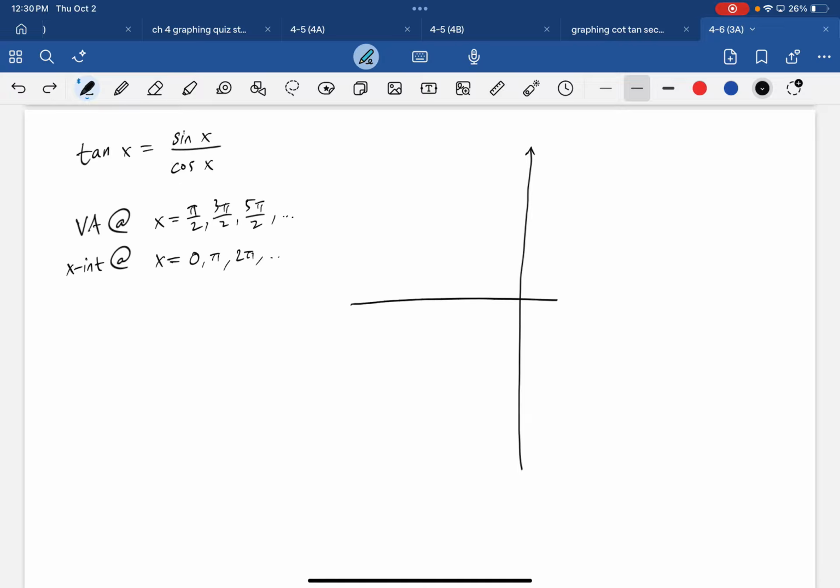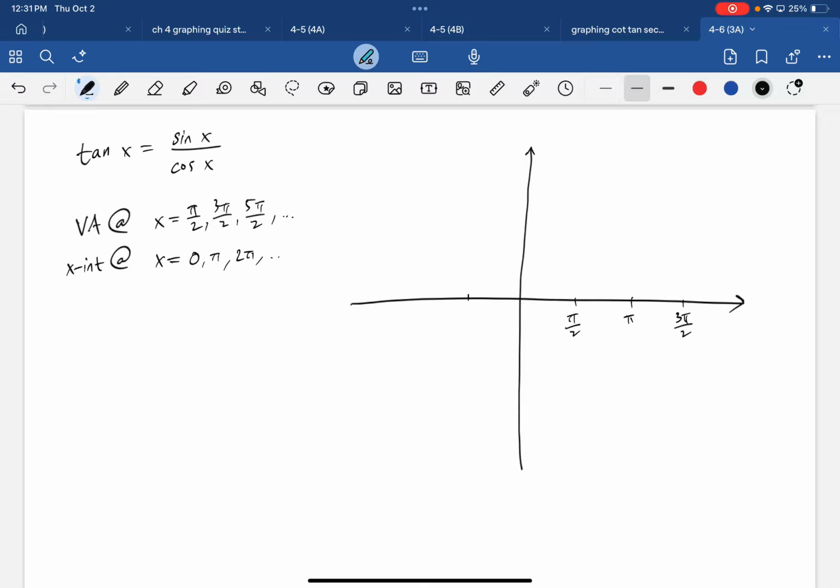So we would just draw this on our graph. Let's call this pi over 2 and this pi. That's spaced too closely together. Pi over 2, pi. So what's interesting about tangent and cotangent is they have period pi and not 2 pi. So that's very helpful, right?